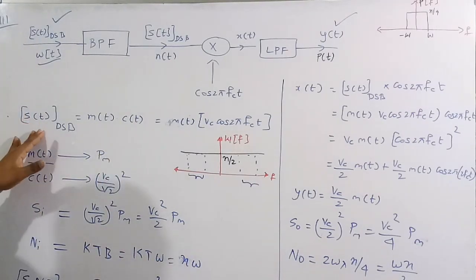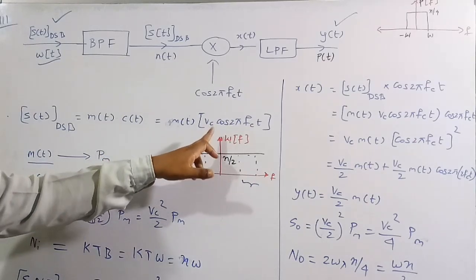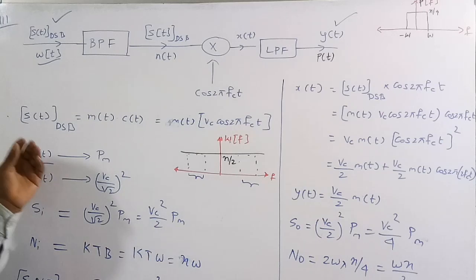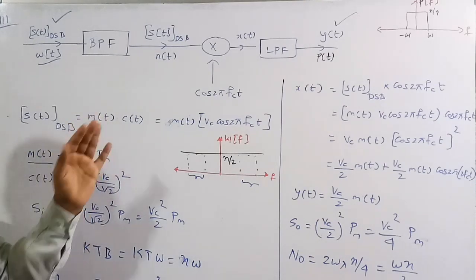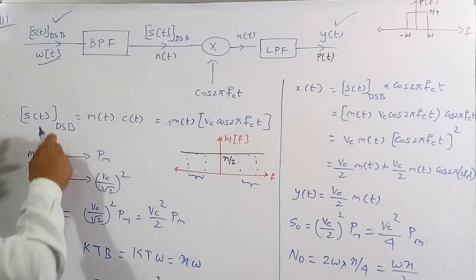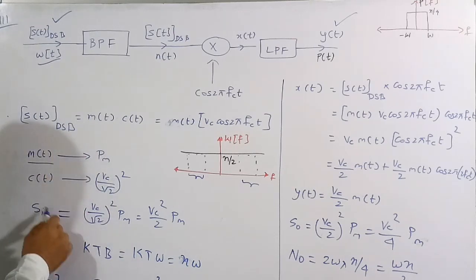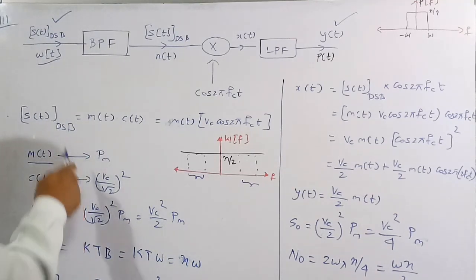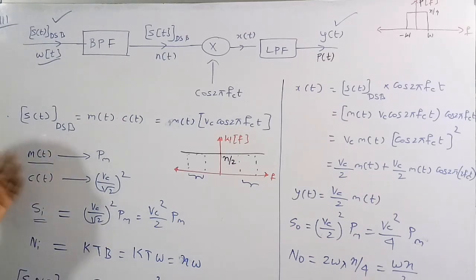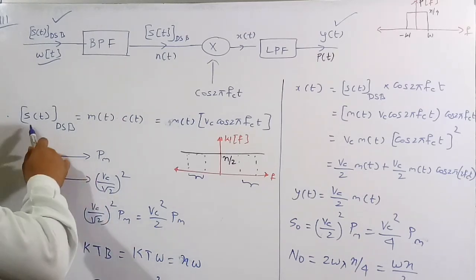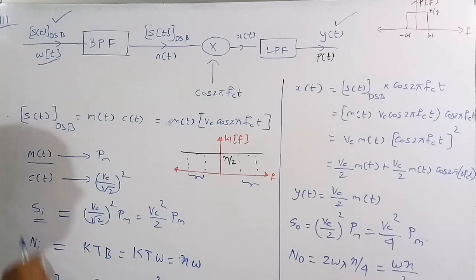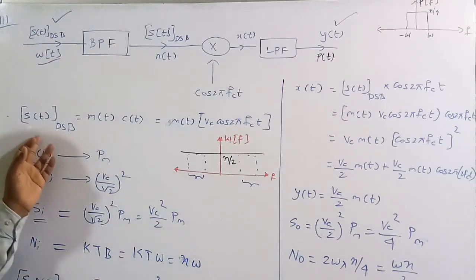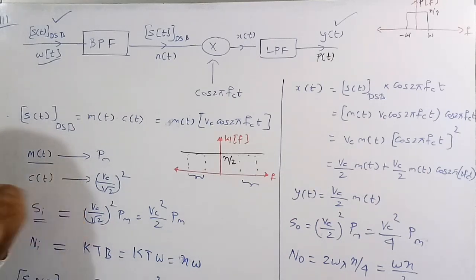Now this S of t DSB is a product of M of t and C of t. Whenever we multiply two signals, the resulting signal has a power which is the product of the individual signal powers. So this is SI, called the input signal power, which is the power present in S of t DSB. It is a product of M of t and C of t, so the power is the product of the individual powers.